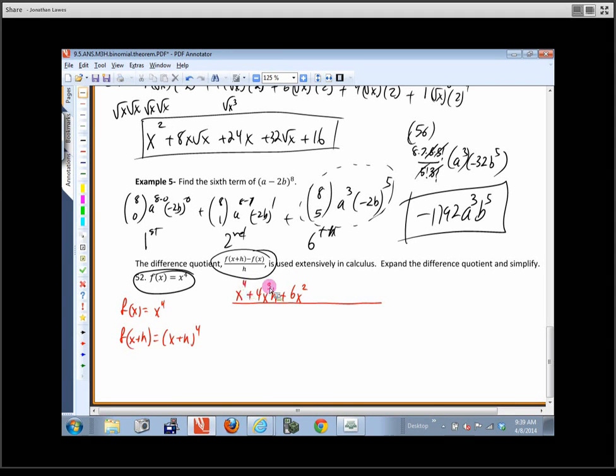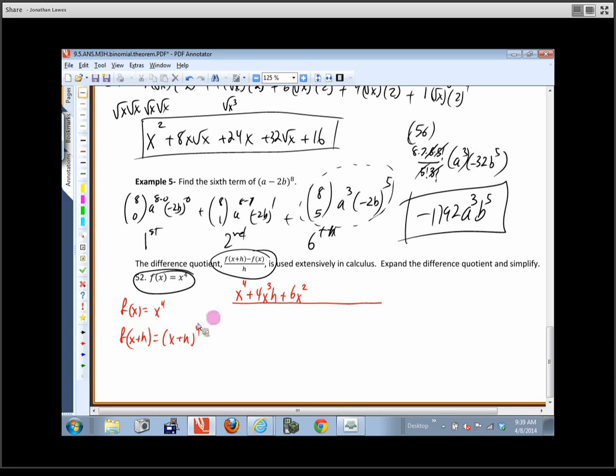Again, notice how the powers of x are going down, the powers of h are going up, so this should be h to the second plus, what's the next number on that Pascal's triangle? 4xh cubed, and what do we end with?